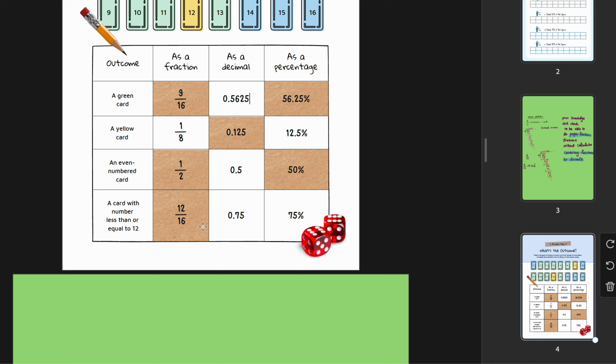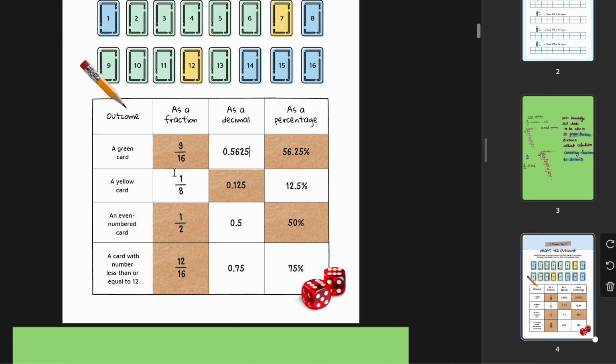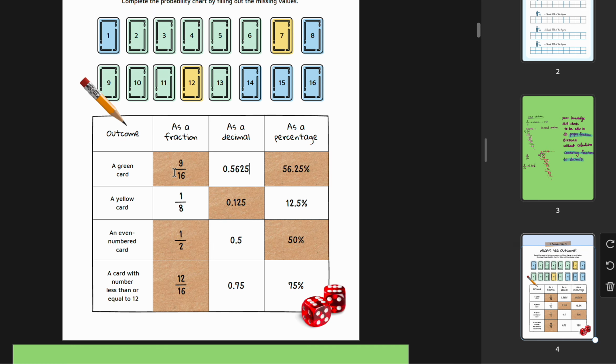I'll just do the final one. A card with a number less than or equal to 12, which means it eliminates 13, 14, 15, and 16. So this condition is applicable to all the numbers that are less than 12 and equal to 12.